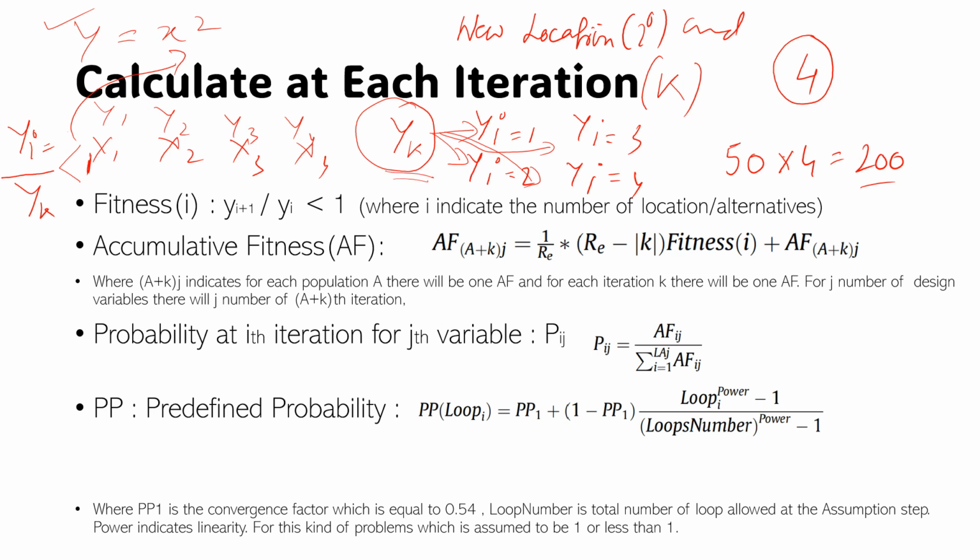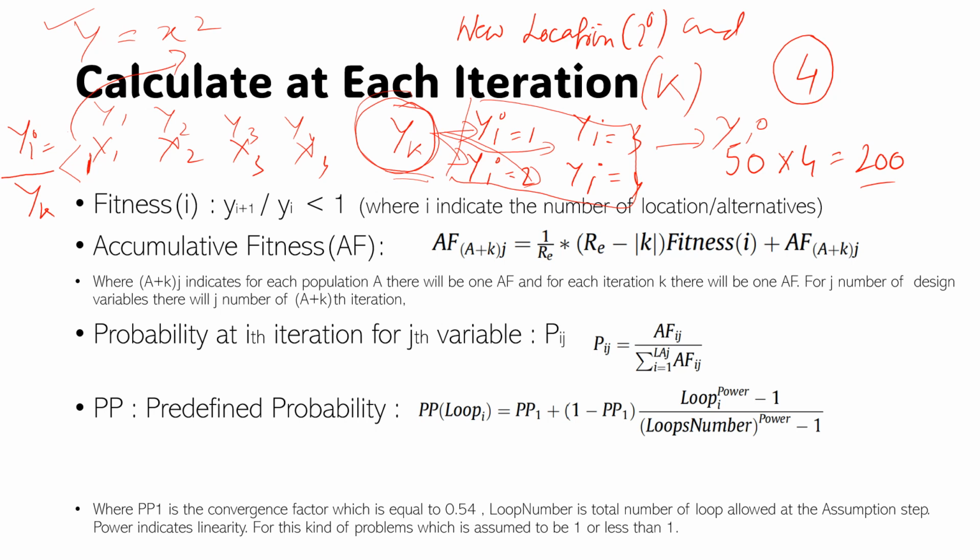If the minimum y among these 4 population is less than this old yk, then you go with the new y. Otherwise, you go with the old y.